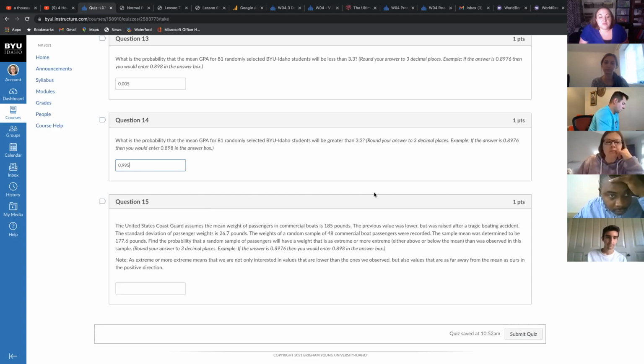Find the probability that a random sample of passengers will have a weight that is as extreme or more extreme, whether above or below the mean, than was observed in the sample. Round to 3 decimal places. Note, as extreme or more extreme means that we are not only interested in values that are lower than the ones we observed, but also the values that are as far away from the mean as ours in the positive direction.